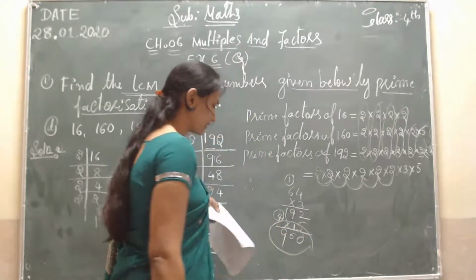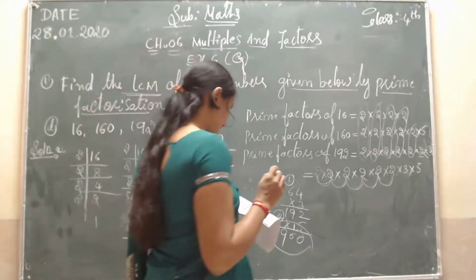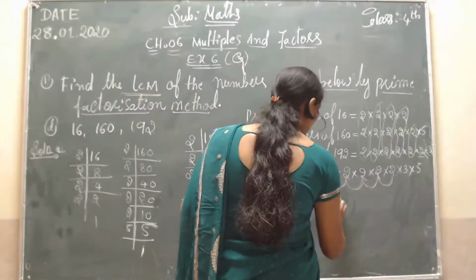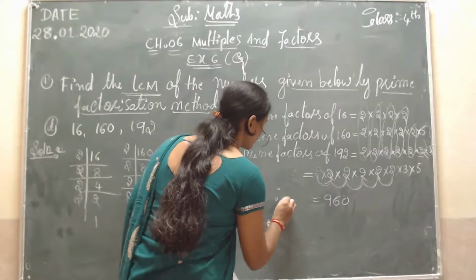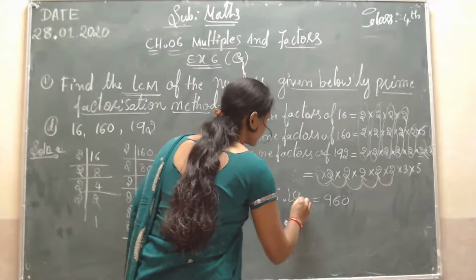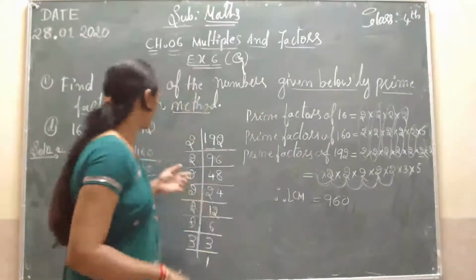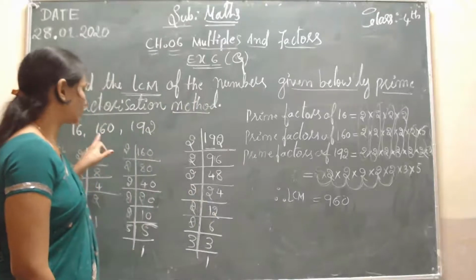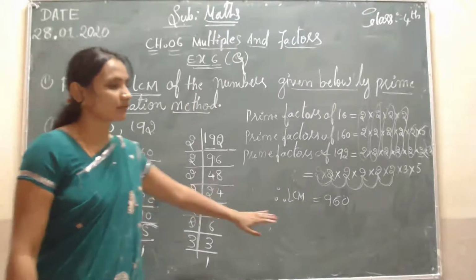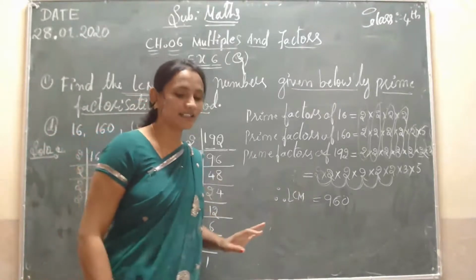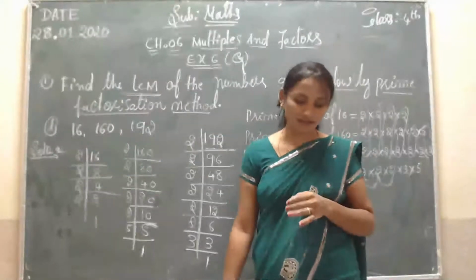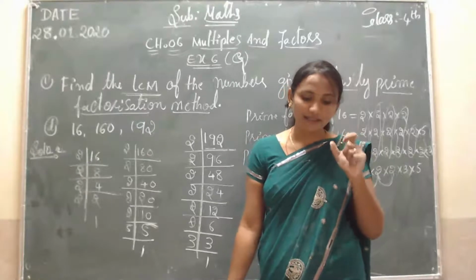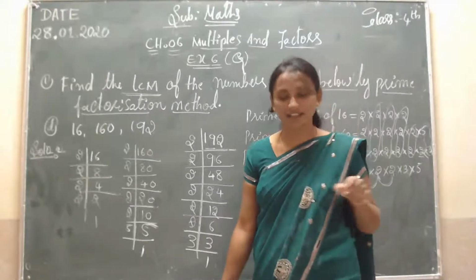Students, the total multiple is 960. So therefore you have to consider the LCM of 16, 160, 192. The total LCM is 960. So this is the factorization method, students. So this is the LCM by the prime factorization method.